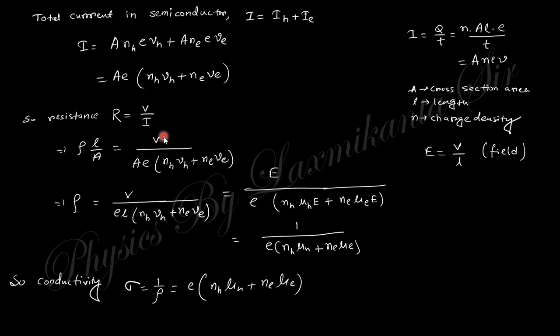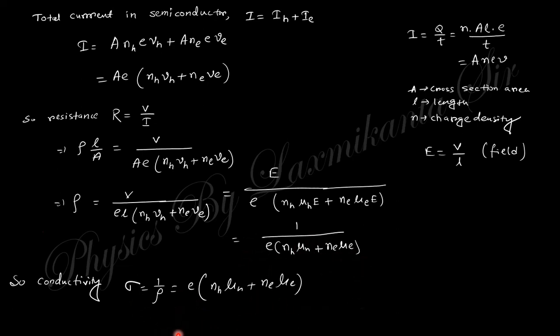And the resistance is nothing but voltage per current, V by I. Put this value of I, and the resistivity is like that, R equals rho L by A. So resistivity will be this one. A is cancelled out, and E equals V by L, so V by L is replaced by E. If you take E common, it cancels out, and finally conductivity is the reciprocal of this one.